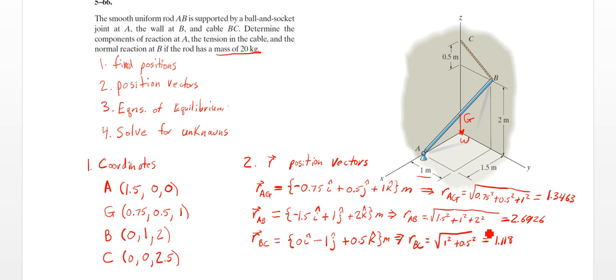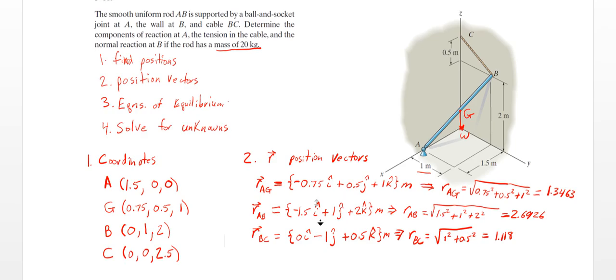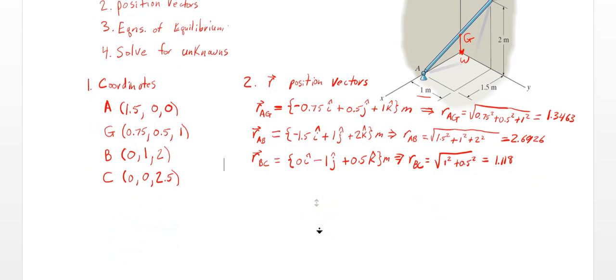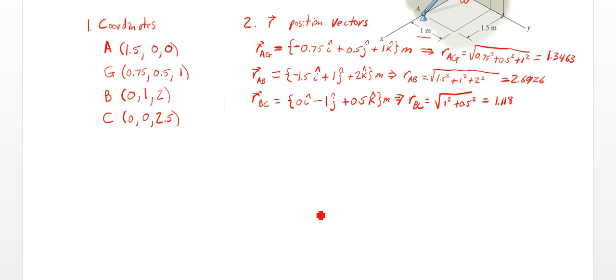Oh, I skipped a step here. I also need a unit vector at least for BC. I think I might need it also. I know I don't need it for the others. So I'll make this step 2A, unit vectors. So UAG, I'll just do it for all three of them.